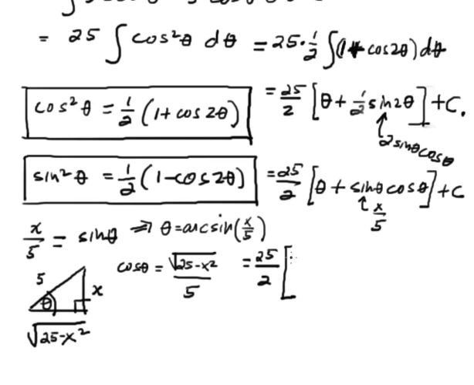So now we're ready to put, for theta we put arc sine x over 5. And for sine theta we put x over 5. And for cosine theta we have the square root of 25 minus x squared divided by 5, plus c.